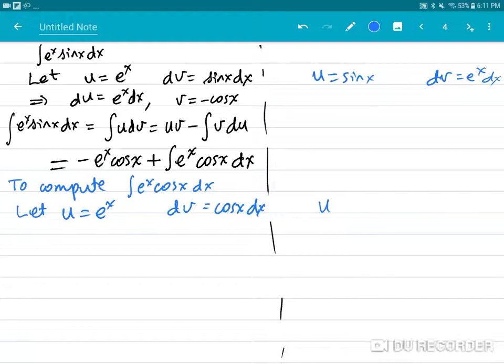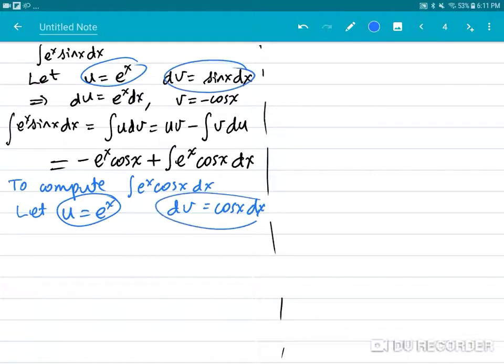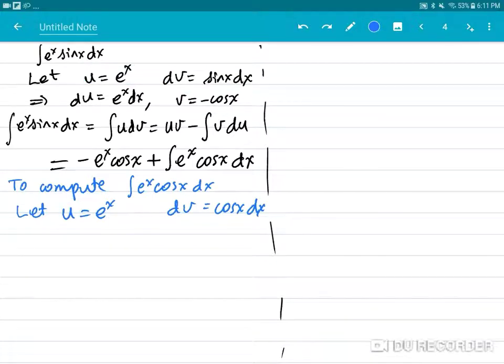When you switch up, it'll get you back to where you started, and you're just simply looping back to square one. Okay? So stay with the trigonometric function or the exponential function for u and the trig function for dv, or the other way around. Stay with the trig function for u and the exponential function for dv. That's how it works. You can try it.